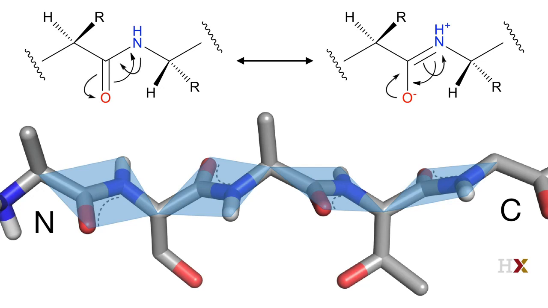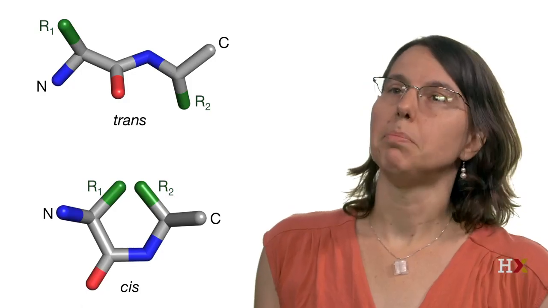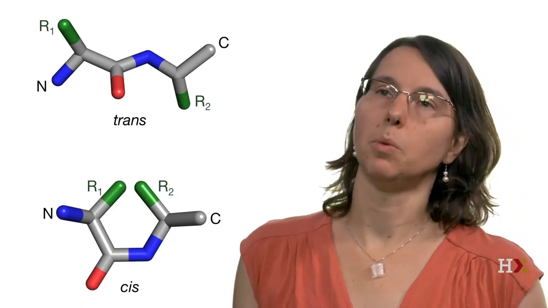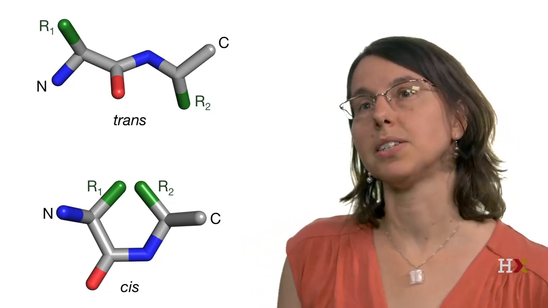An important consequence is that the peptide bond is planar. The nitrogen and hydrogen of the amino group and the carbon and oxygen of the carbonyl all lie in the same plane. A second important consequence is that the peptide bond cannot rotate freely, unlike normal single bonds. So the peptide bond can be in only one of 2 conformations, cis or trans.